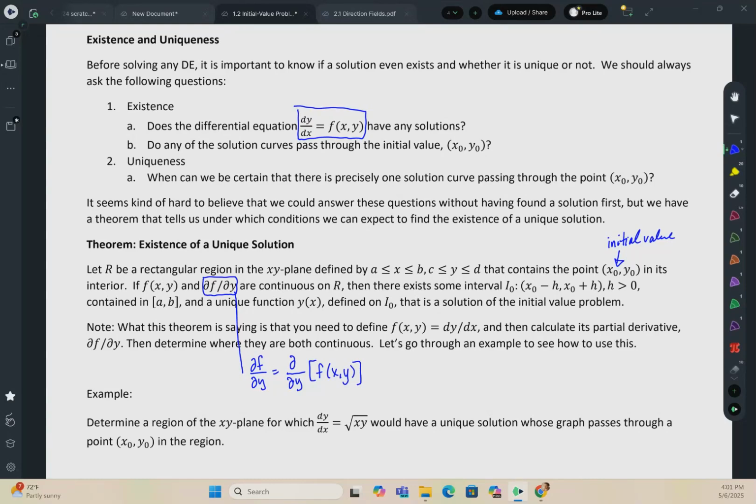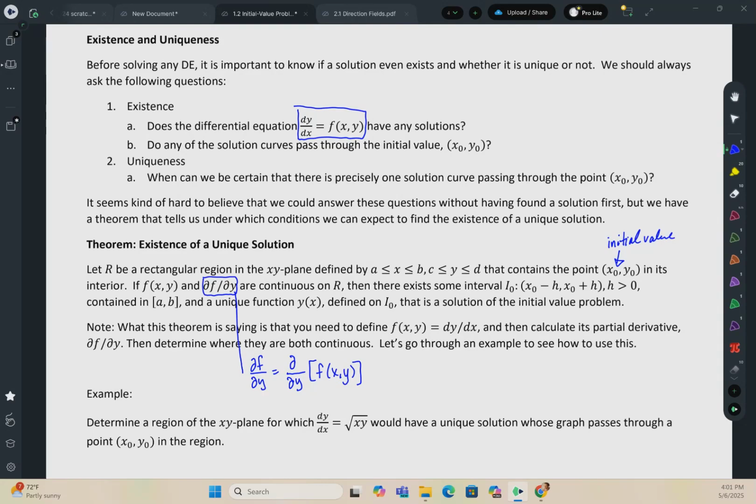The note that I wrote was, what this theorem is saying is that you need to define f of x y to equal dy/dx, and then calculate its partial derivative, del f/del y. Then determine where they are both continuous. That's going to be your interval of definition. If the initial value is in that interval, yay, we know we have the existence of a unique solution.